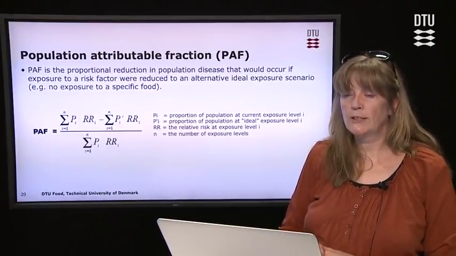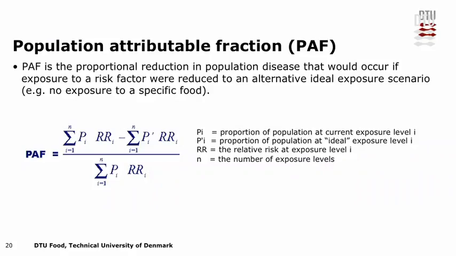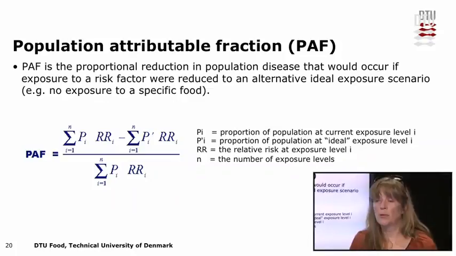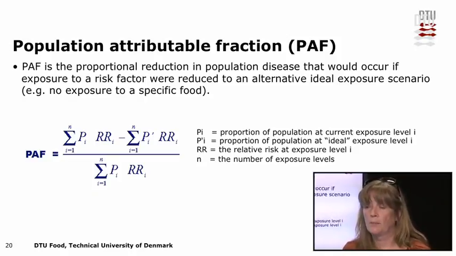From case control studies and cohort studies, you can also calculate something called the population attributable fraction. This is the proportional reduction in disease in the population that would occur if the exposure to a risk factor is changed to, for instance, not being an exposed factor.